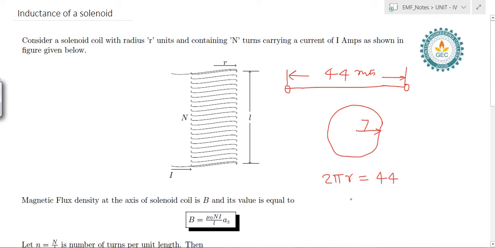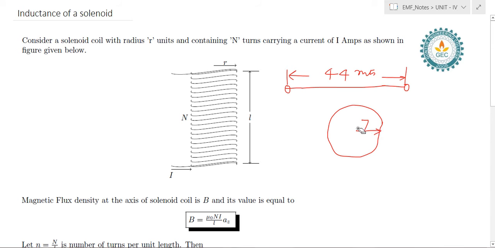Then the radius r is equal to 44 divided by 2 into 22 by 7, which is equal to 7. So as I told you in the last class, this one circular path will be treated as a single turn.